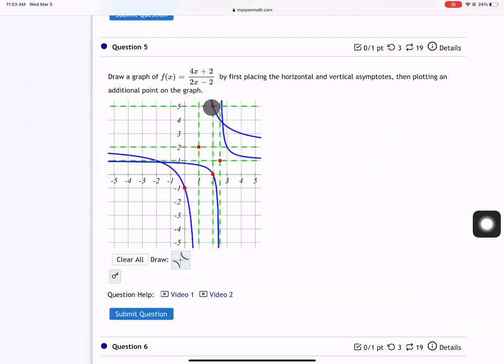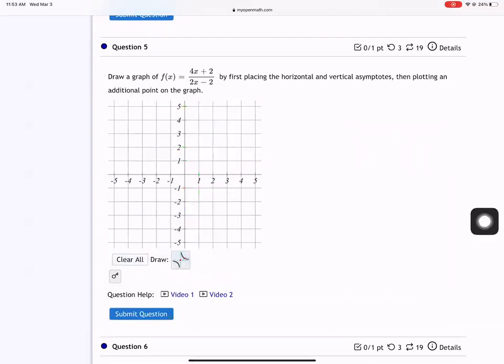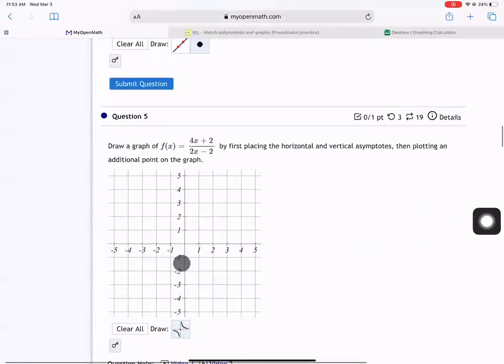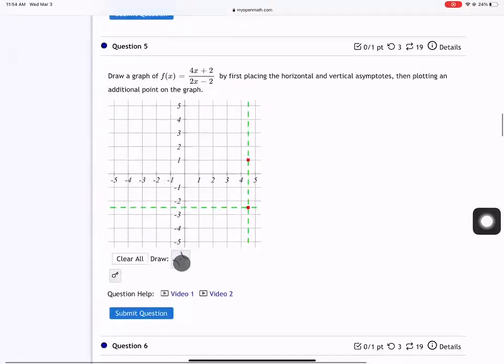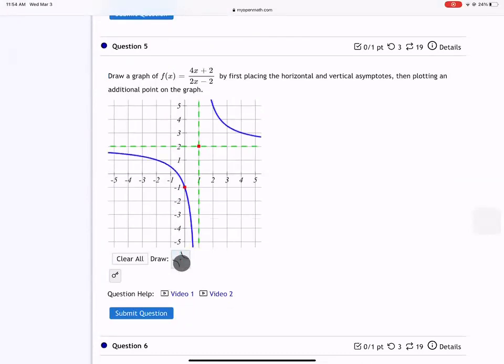Okay, that looks terrible. But okay, draw it again. This one's tough because you have to draw the horizontal and vertical asymptote at the same time. And then you pick a point, and we said it's going to be 0, negative 1. Okay, done.